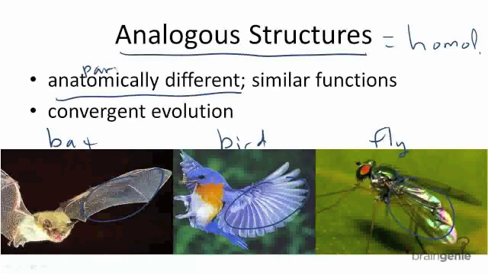So their parts are different. One is made of bone, and the other is made of maybe more pliable connective tissue and proteins. These organisms' wings are analogous because although they have different anatomies, their functionality or their physiology is similar. So they have similar purpose. For example, they can all fly.